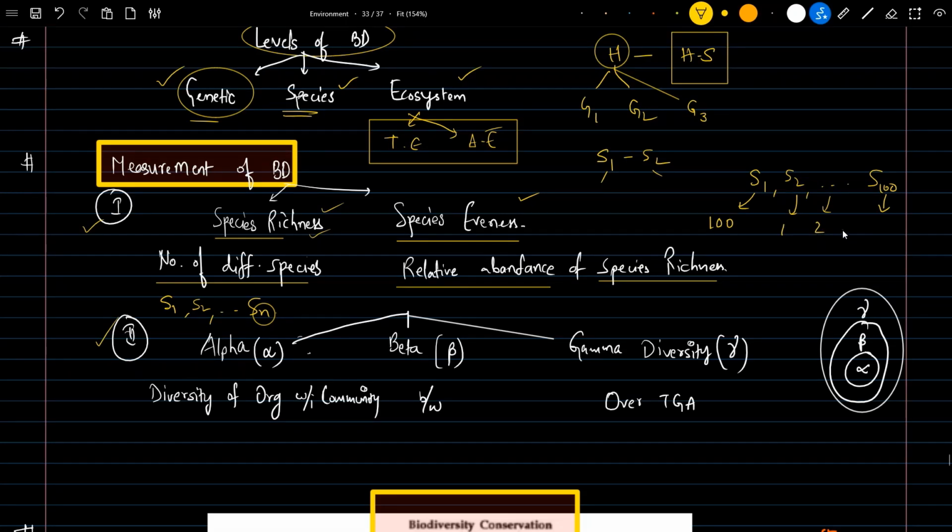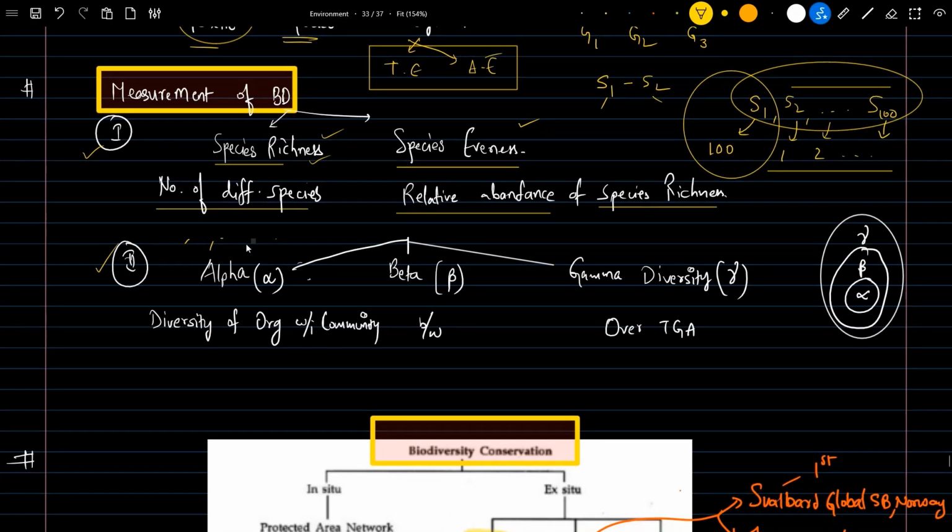So here S1 is the species which is more in number and the other species are less in number. But observe, species richness is there, but species evenness is not there. So for a sustainable ecosystem, it is important that both species richness and species evenness should be there.